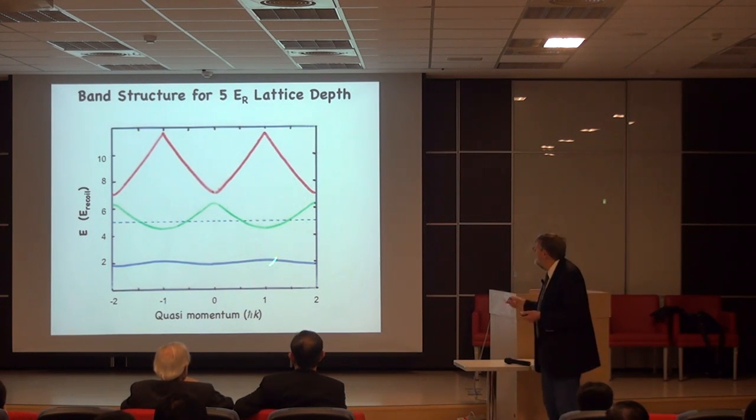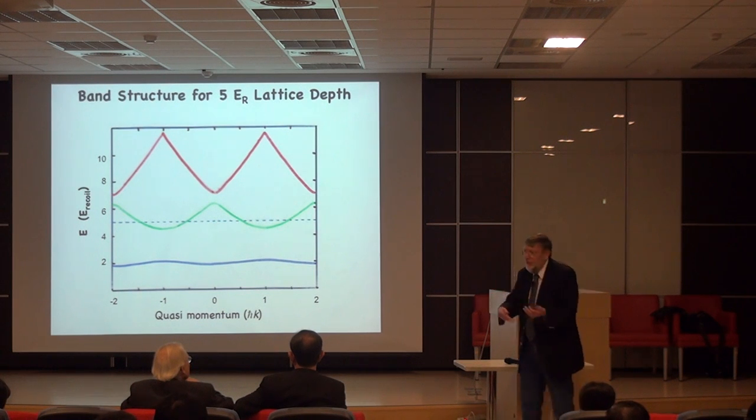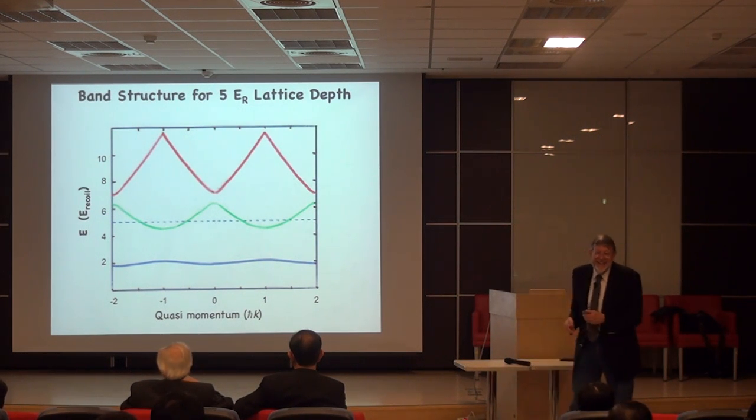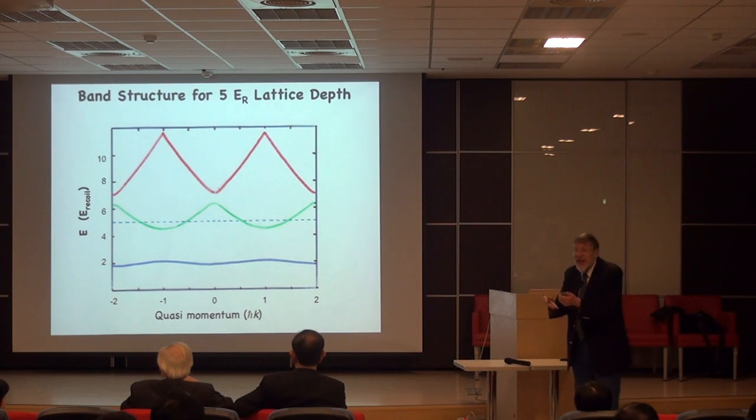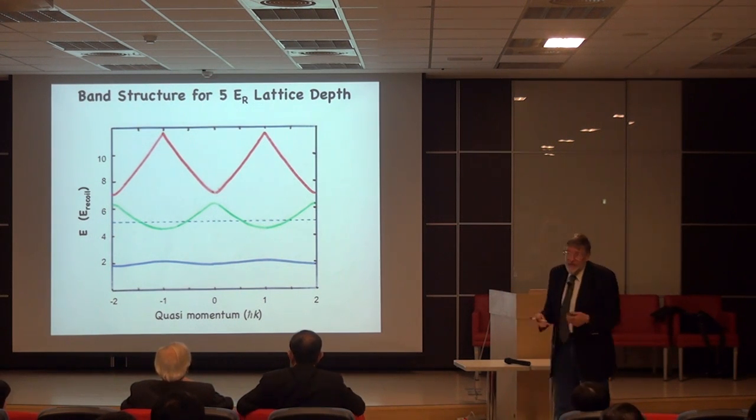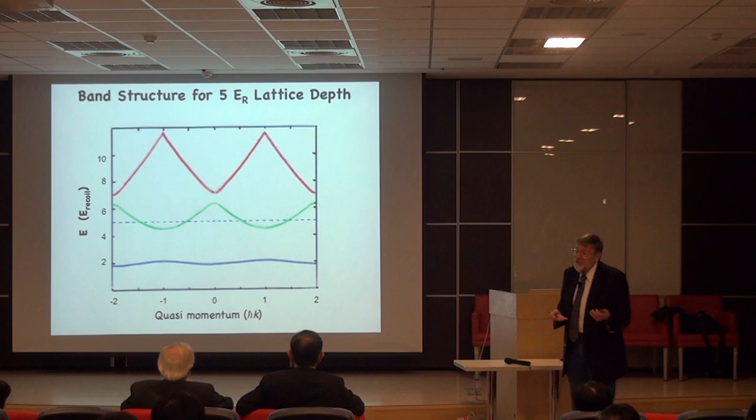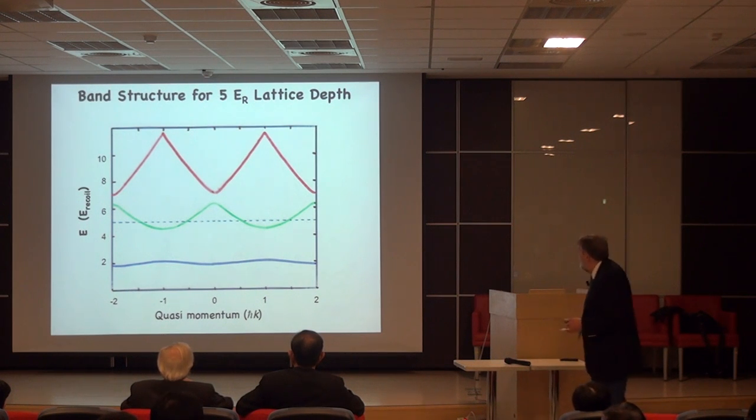For sodium atoms, which is what I'm going to be telling you about here, that recoil energy is 25 kilohertz times Planck's constant. For rubidium atoms, I think it's 4 kilohertz. 3.5, okay. So it's less because rubidium is heavier and the photon is not as energetic. But that's the kind of energy scale we're talking about.